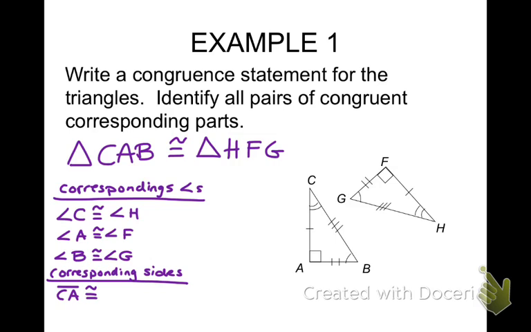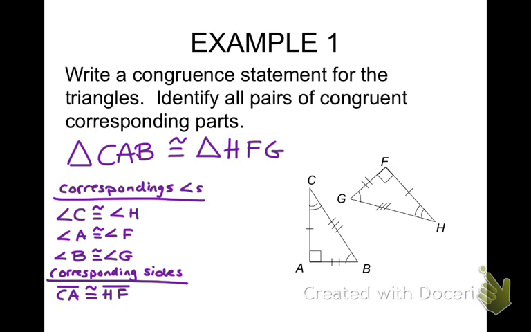If I'm starting with C, then I need to start with H. Though FH is the correct side, we want to write it in corresponding order. So HF. Notice CA matches up with HF. Okay? So once you have your congruent statement, then it's easy to pull them apart.